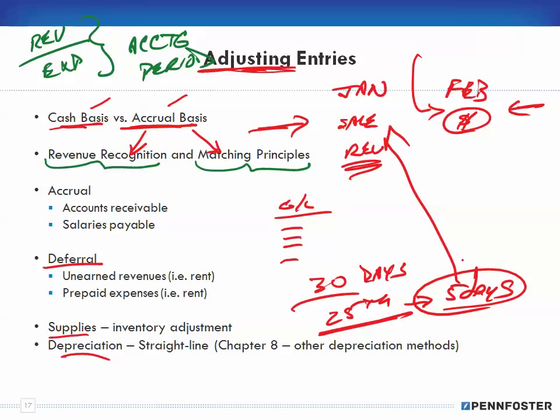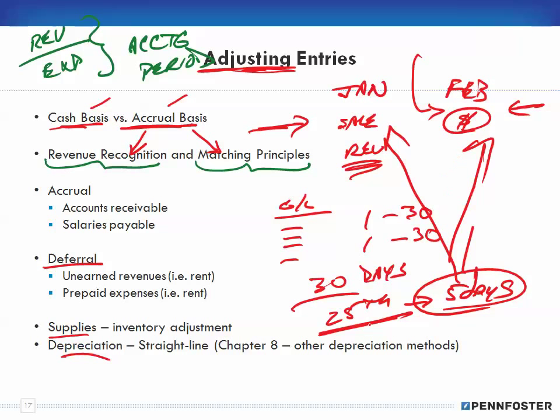They can't go over to the month of February, because I made sales from the 1st through the 30th, so my expenses have to be shown from the 1st through the 30th. And that's what the matching principle is about. It's saying I have to recognize my expenses along with my revenues in the same accounting period.